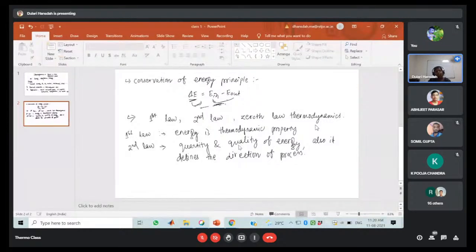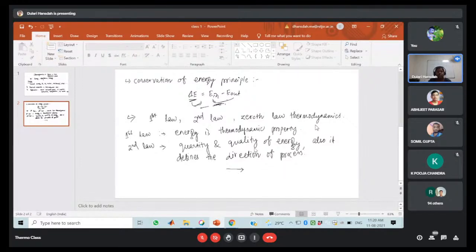So quality of the energy means there is the low grade energy and high grade energy, right? All of you know that low grade or high grade energy means there are two kinds of energy, one is the heat and work. Okay, so high grade energy means here the quality of energy is good. So mainly heat is the high grade energy we are considering. So the flow of heat is always in the decreasing temperature, right?